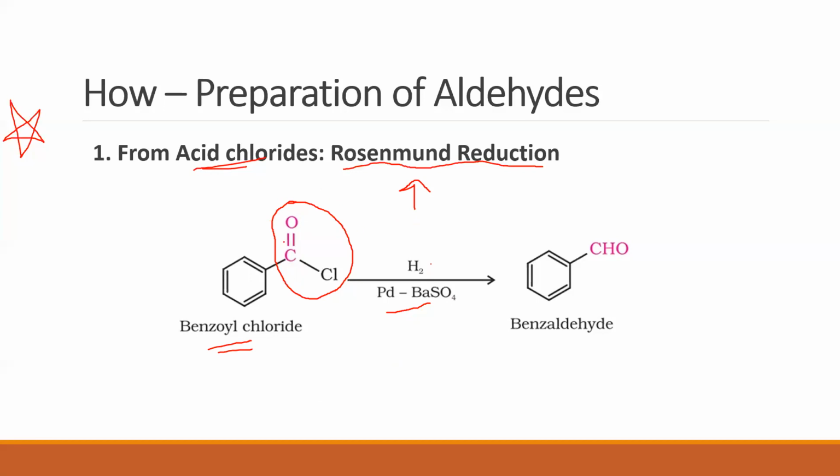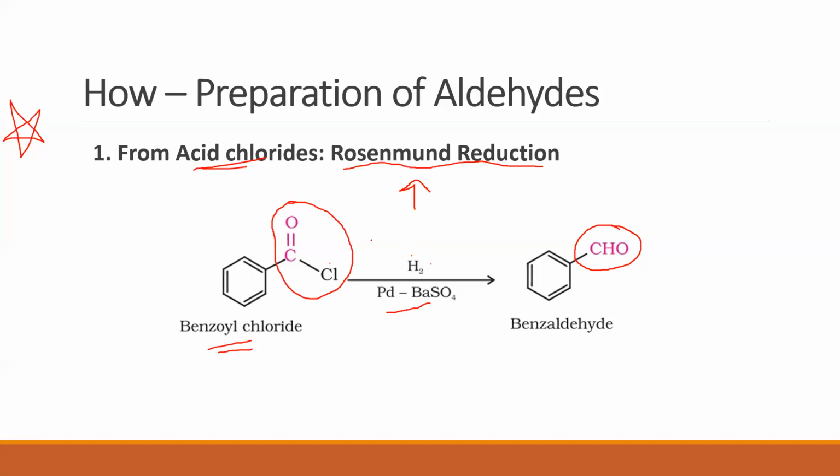This group COCl is getting converted to CHO. COCl is getting converted to what? CHO, which means what's happening here? Yeah, Cl is taken away by one of the hydrogens. Clear? Cl is taken away by one of the hydrogens to go out as what? Go out as HCl. That will leave us with one more hydrogen that will remain.